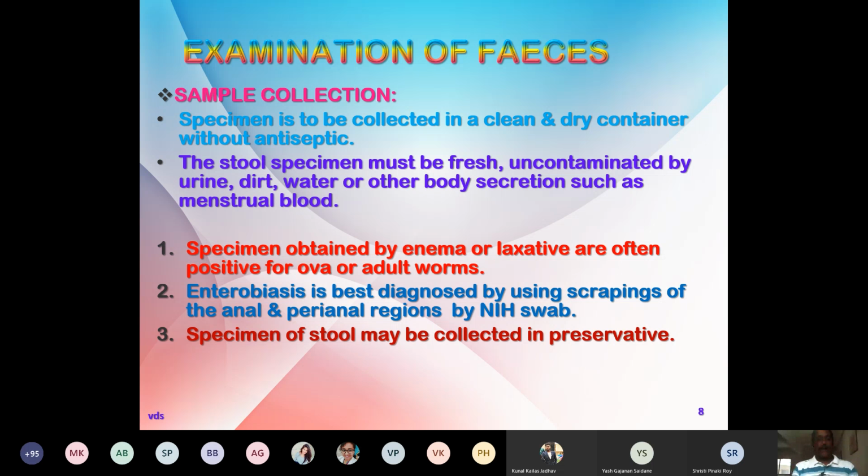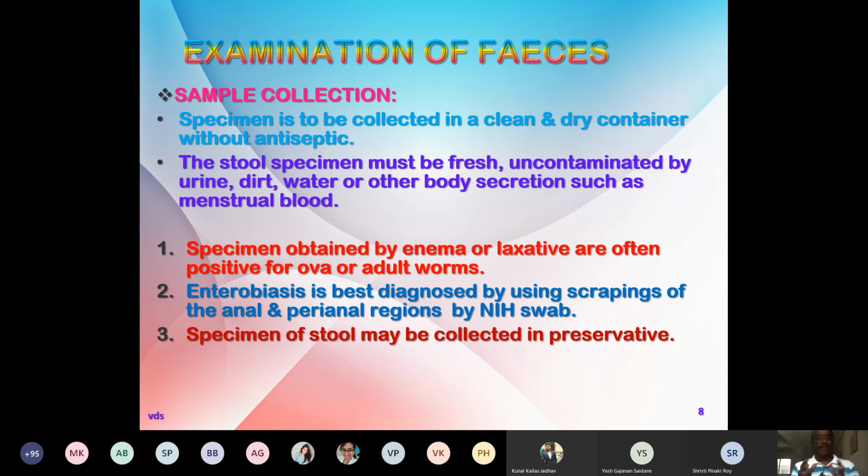Now, the specimen of stool may be collected with a preservative. Very often, if there is a delay in the processing of the specimen, it has to be collected in a preservative. Formalin is one of the important preservatives commonly used for collection of stool specimens. There are many other preservatives; I won't go into the details of that.